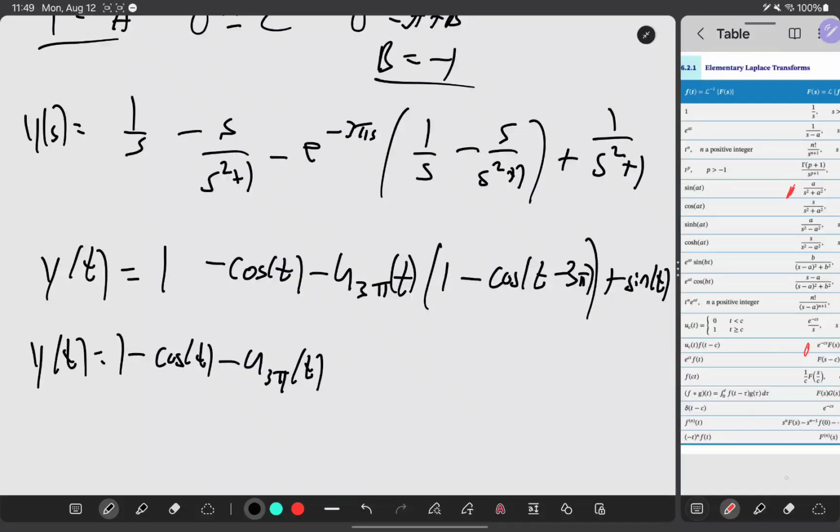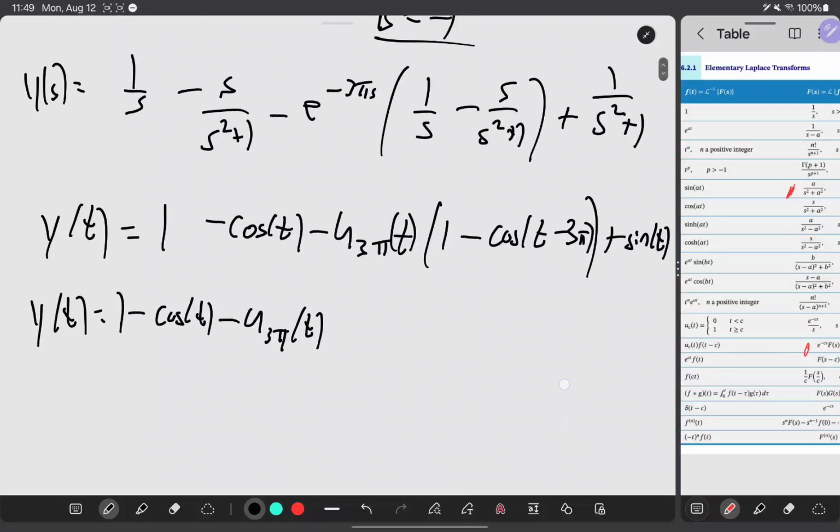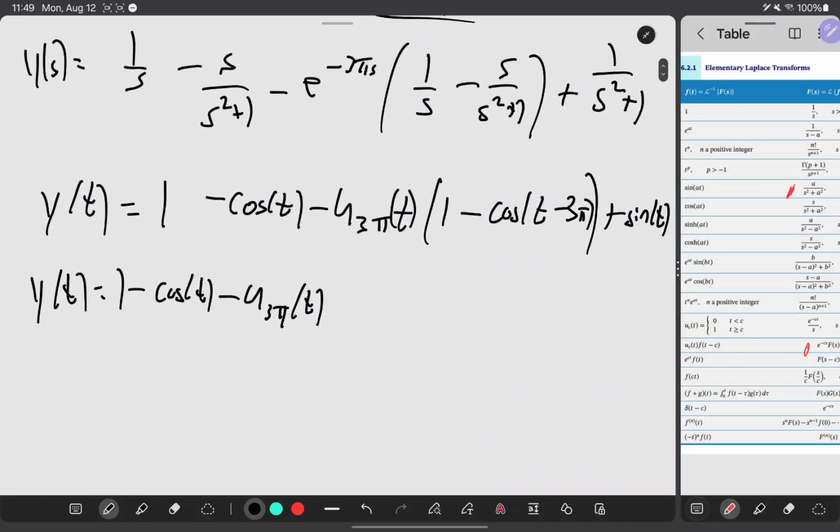Yeah, because cosine of pi is what? Is that negative 1? Let me think. Where's pi? 0, pi. Yeah, that's negative 1. So that's why the sign flips.